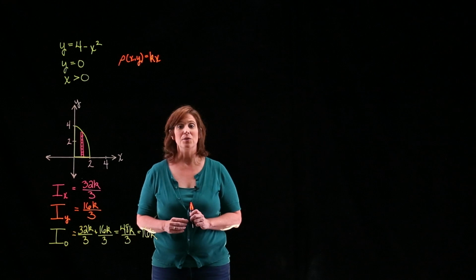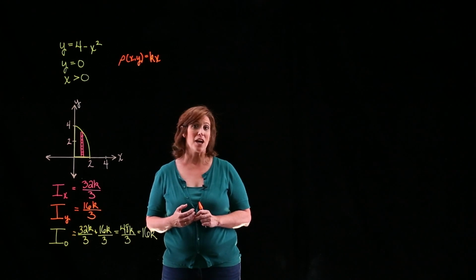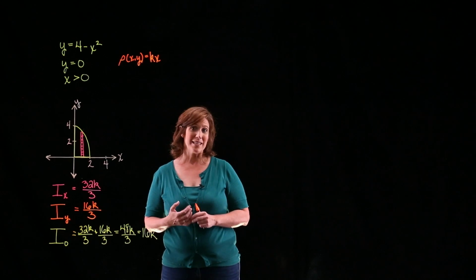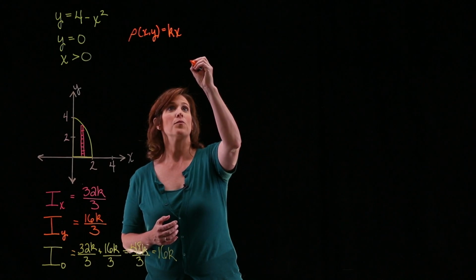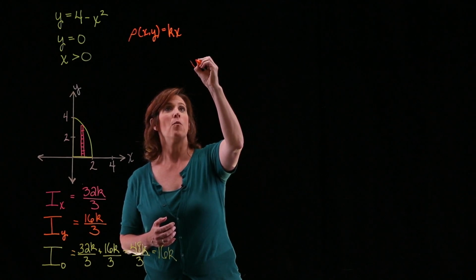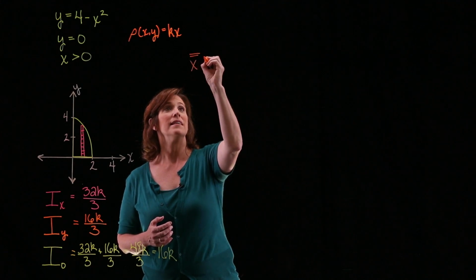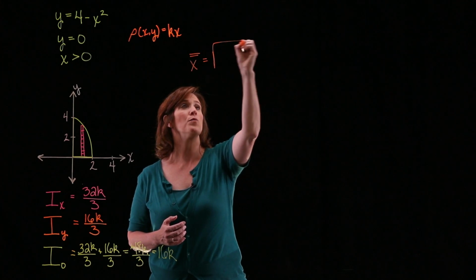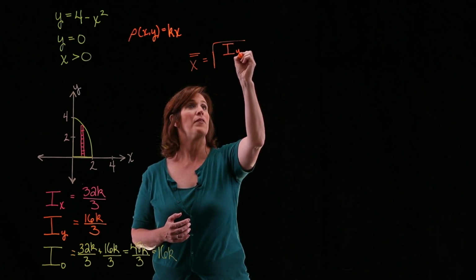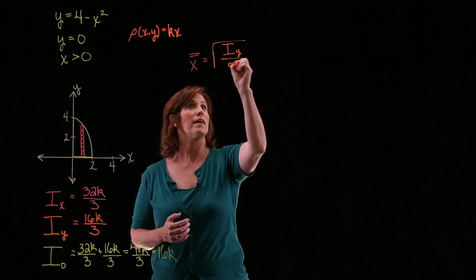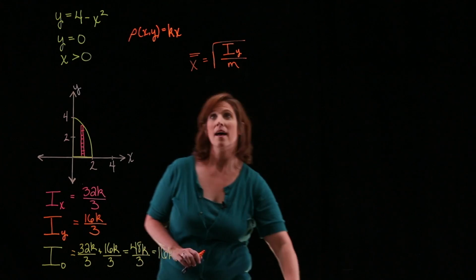The next thing we need to do is find the radius of gyration with respect to the x and the y-axis. So let's begin with the radius of gyration about the y-axis. This can be defined as the square root of the moment of inertia about the y-axis all over the mass.